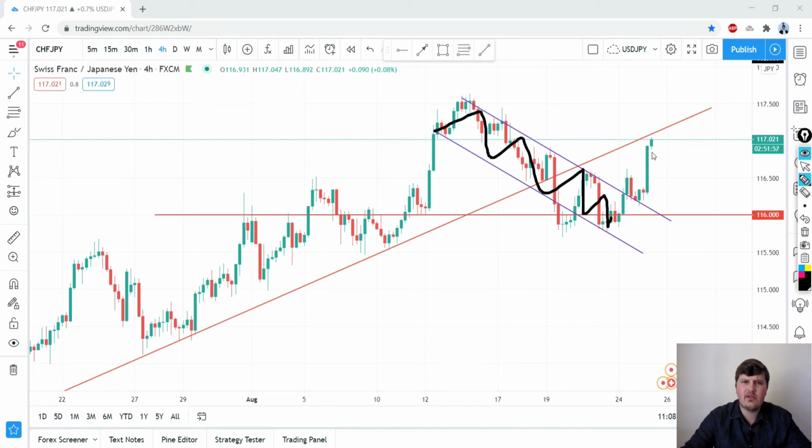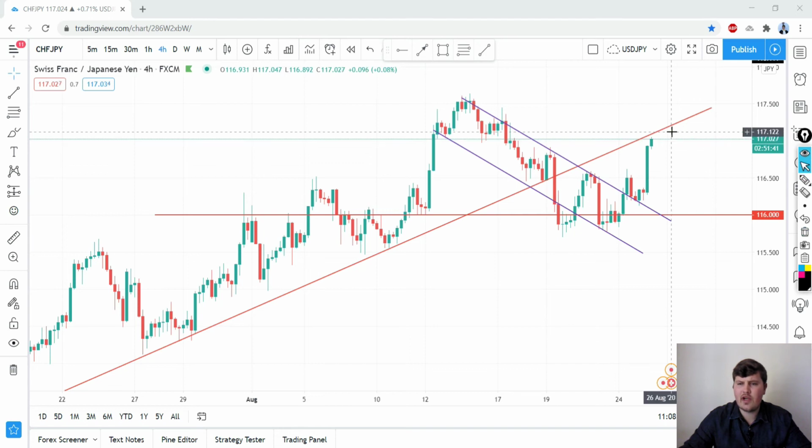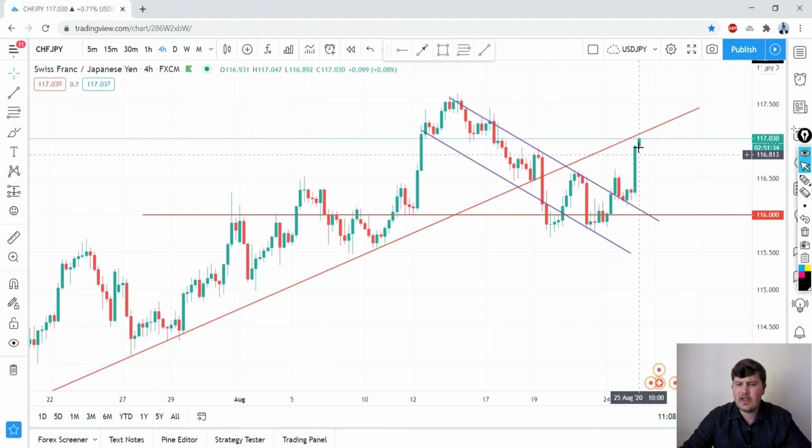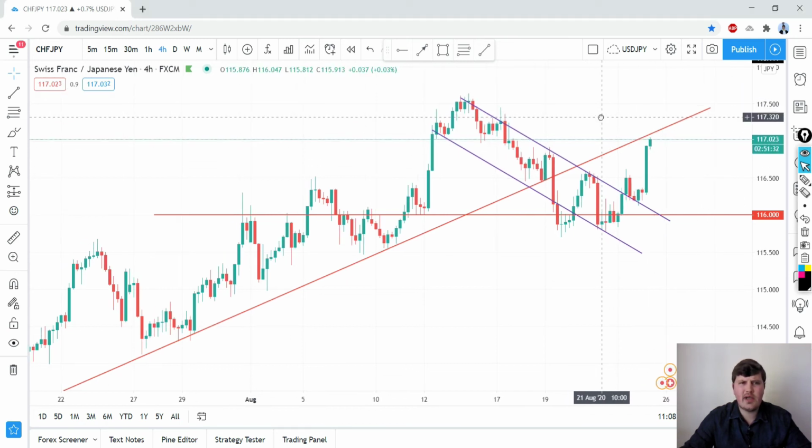So similarly to the EURJPY, we can also trade this bull flag a bit higher, but also maybe just wait for some sort of retracement, maybe to these resistance areas over here for a continuation higher. So the JPY pairs are looking to move a bit higher. So that's my trading plan for the Swiss JPY.